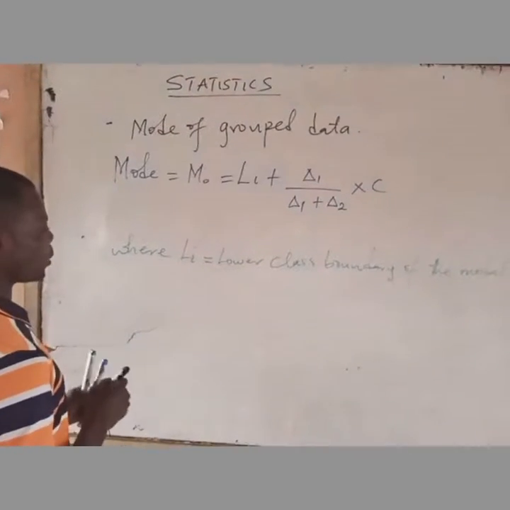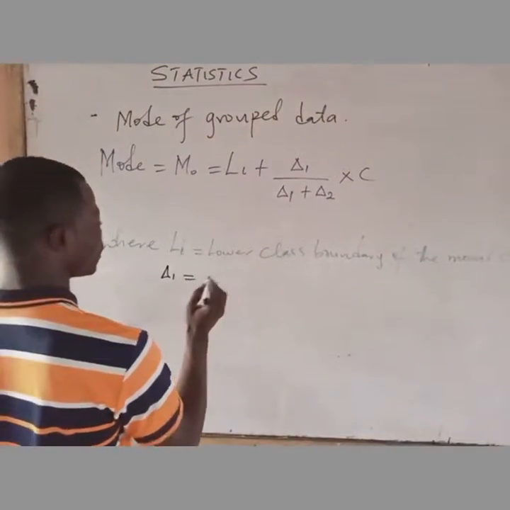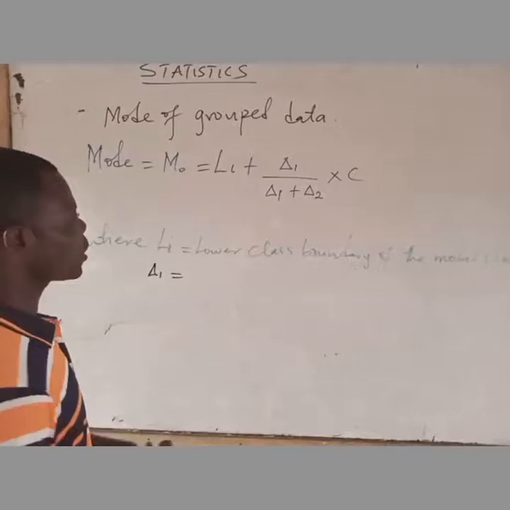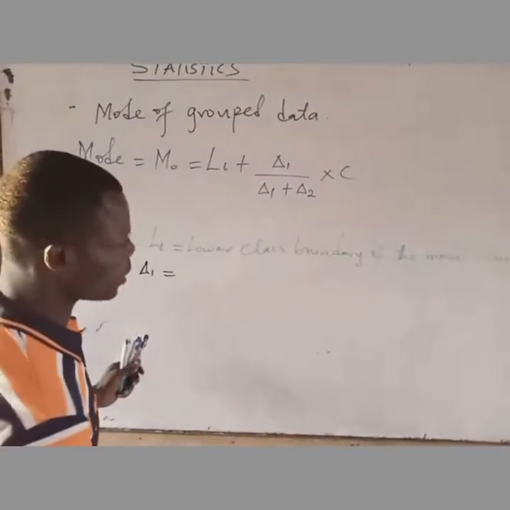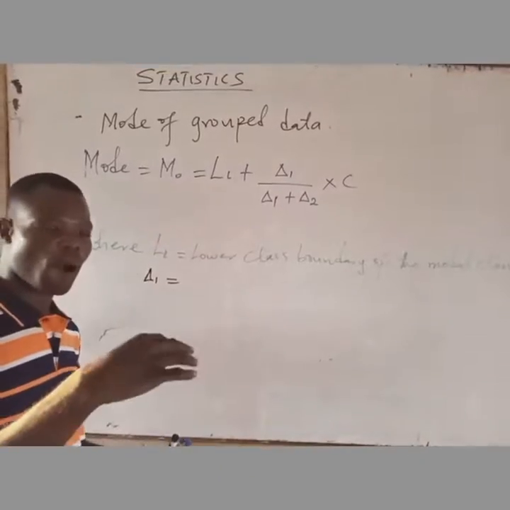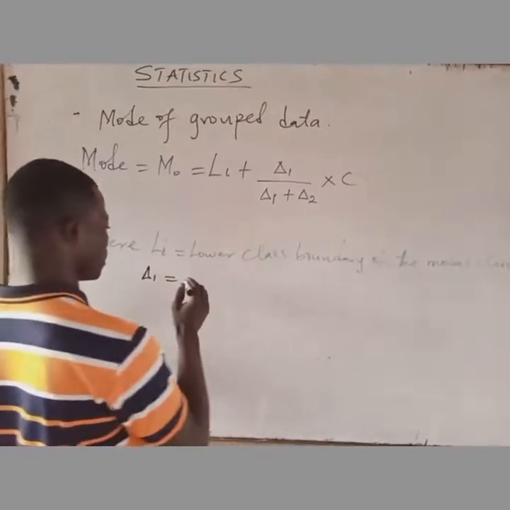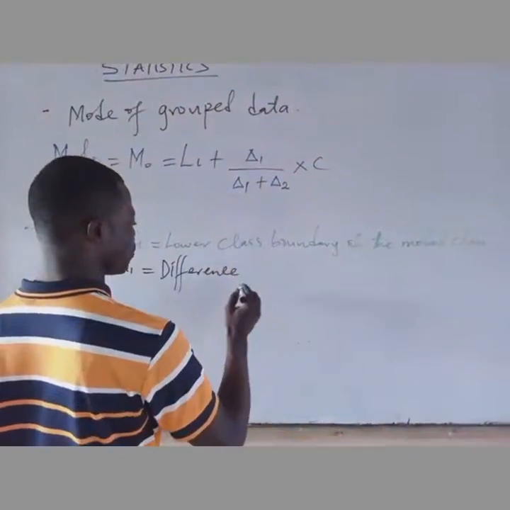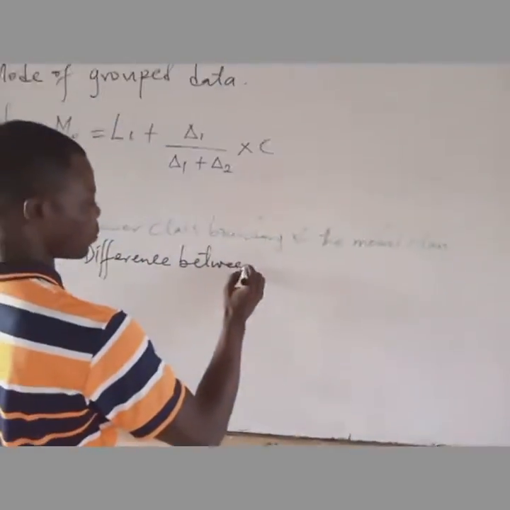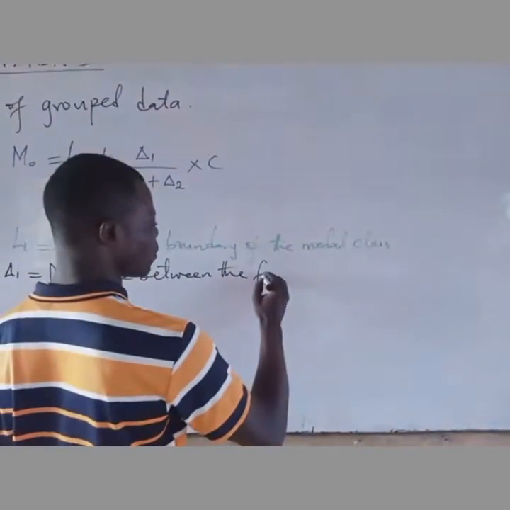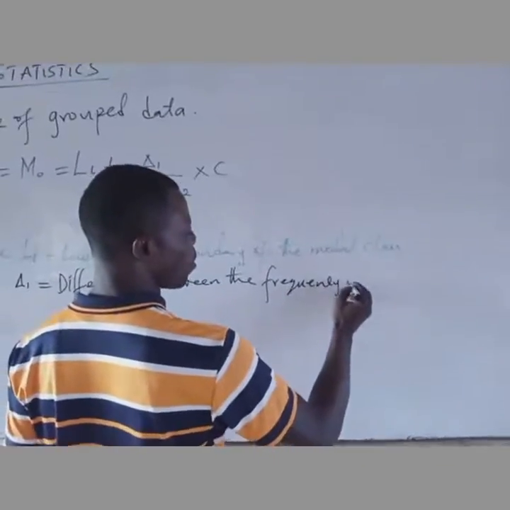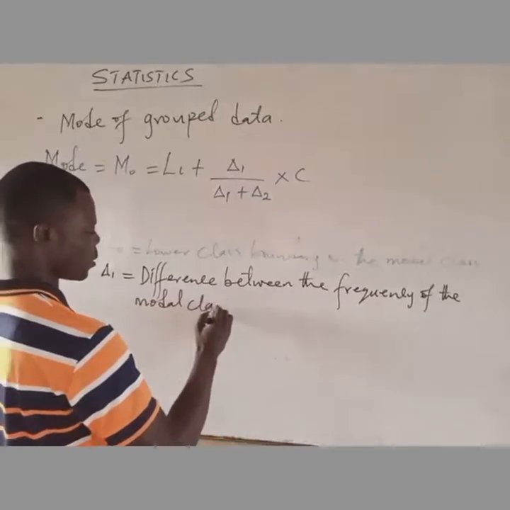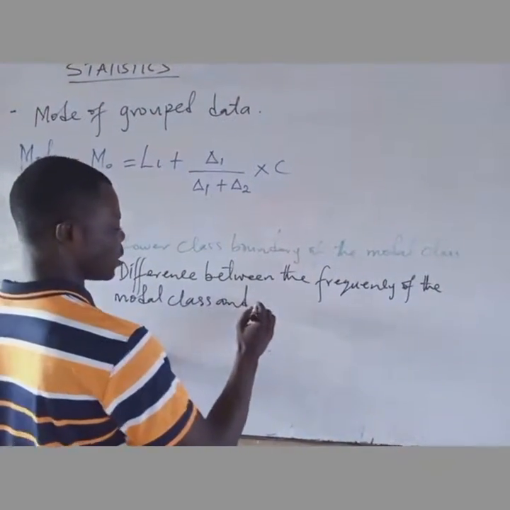Then change 1 is equal to the difference between the frequency of the modal class and the frequency above the modal class.